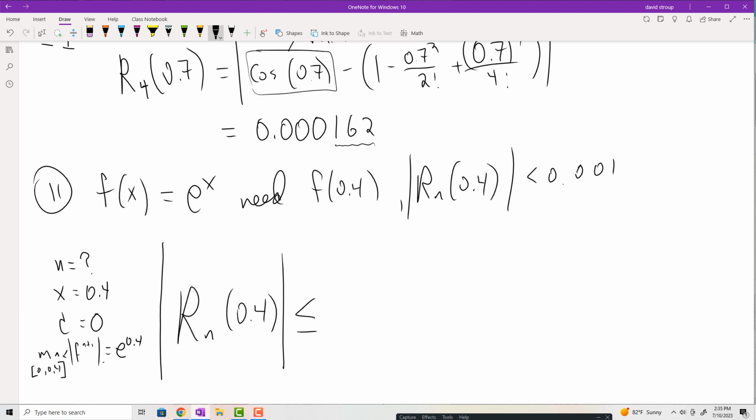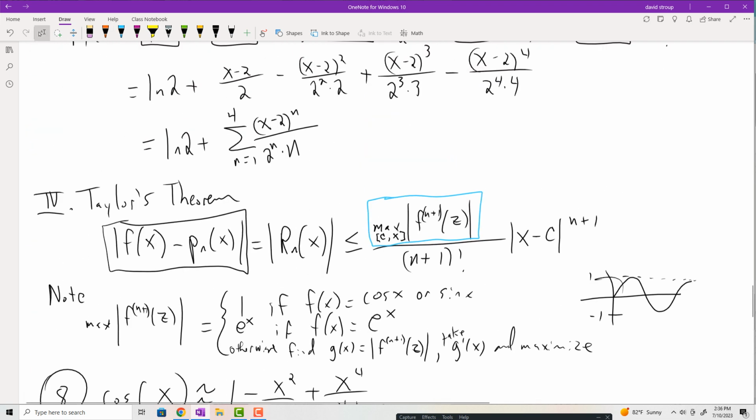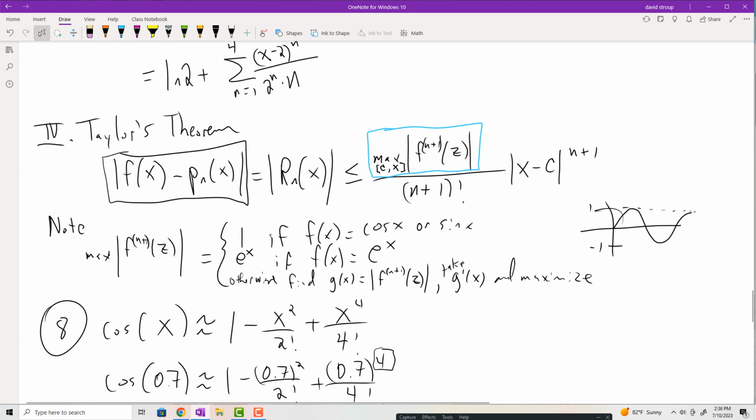Anyways, we'll fill in the blanks. I'm replacing that max value with e to the 0.4, all over n plus 1 factorial. A lot of times back in the day, when I did these approximations with exponentials, I would just use the number 3, because e is about 2.7, so I could always bound it above by 3 to the x.